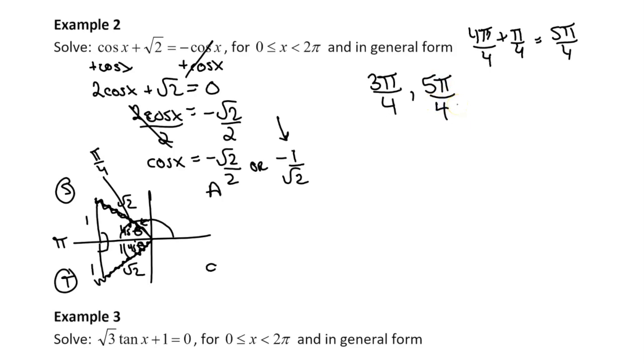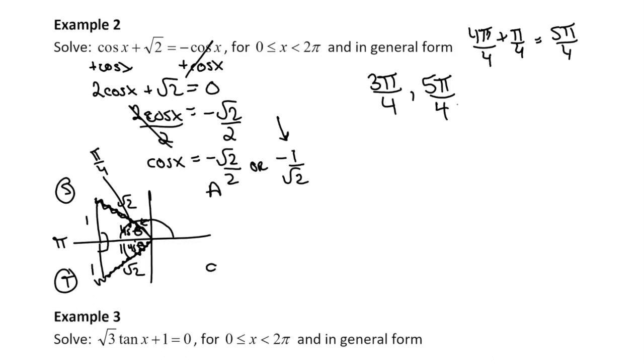Again, if you're feeling more comfortable in degrees, you could say, hey, that was 180 minus 45, which is 135 degrees, and you could convert the 135 degrees to 3 pi over 4. Likewise, you could have said 180 degrees plus 45 degrees is 225 degrees, and that converts to 5 pi over 4.